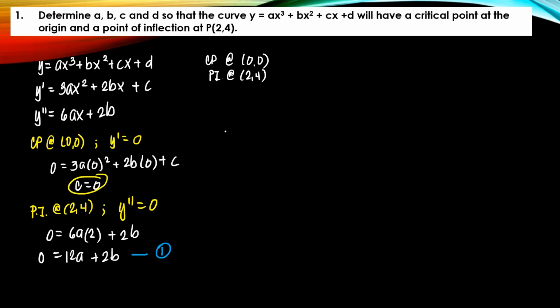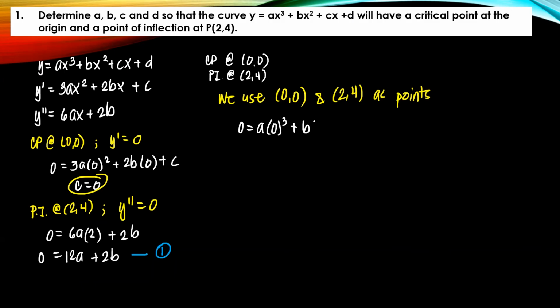Now, what else do we have? Kasi the only conditions given are 2. What we do is we use 0, 0 and 2, 4 as points. So if we use them as points, what happens is this. If it's 0, 0, it becomes 0 equals ax cubed plus bx squared plus cx plus d.